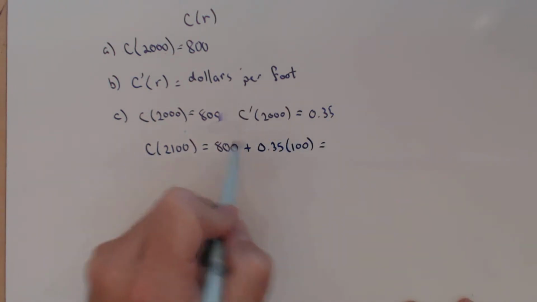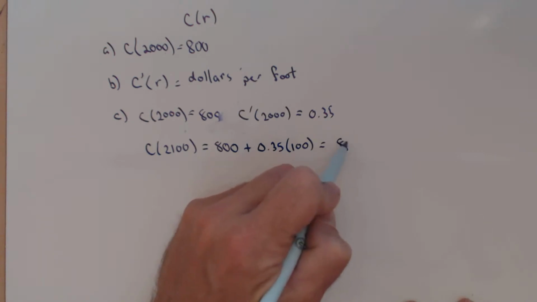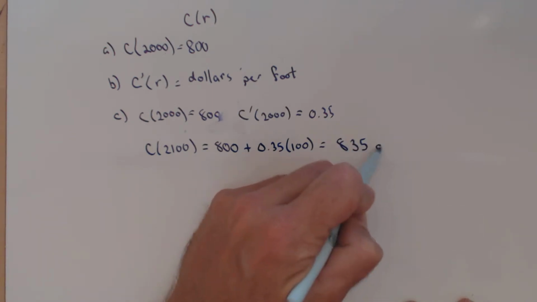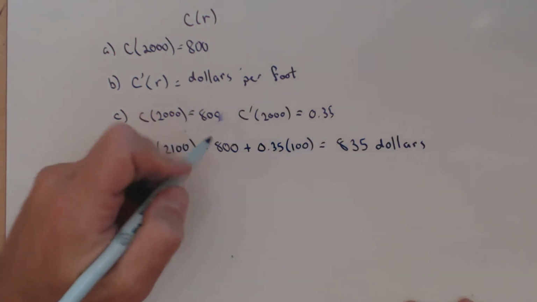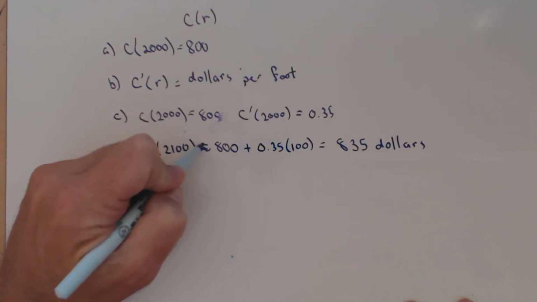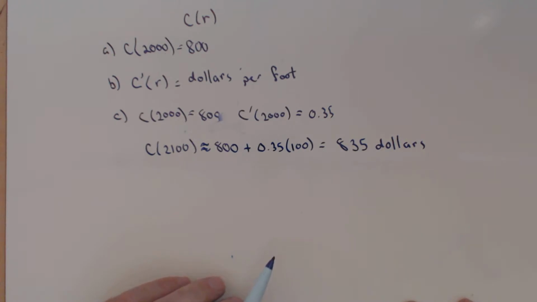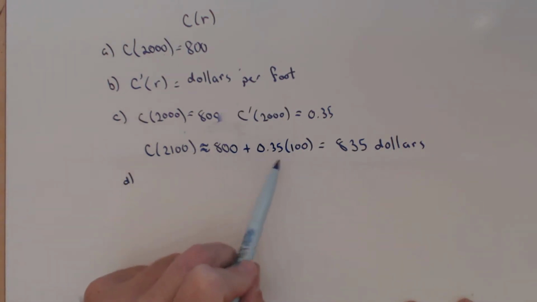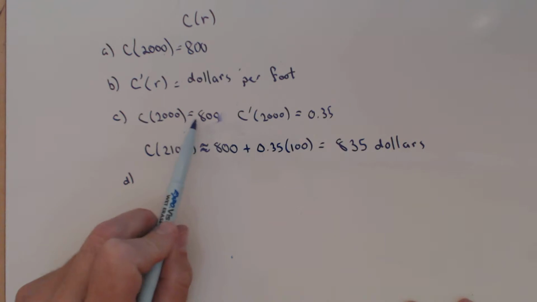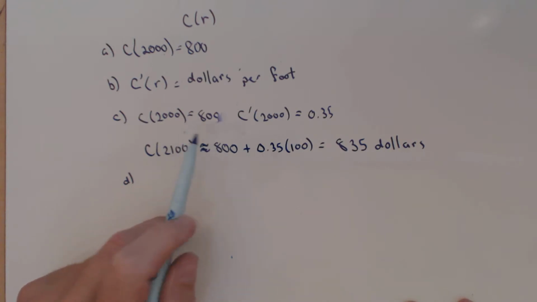Okay, so we're going to get a total cost of $835 to produce that. Now again, this is an estimate, so I should have put the squiggly equals there. So that's how we can use a derivative to estimate how much it's going to cost to produce the next 100 units if we already know how much it costs to produce the first 2,000.